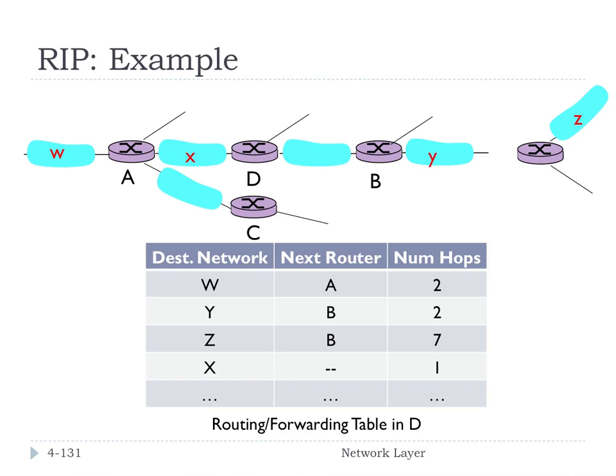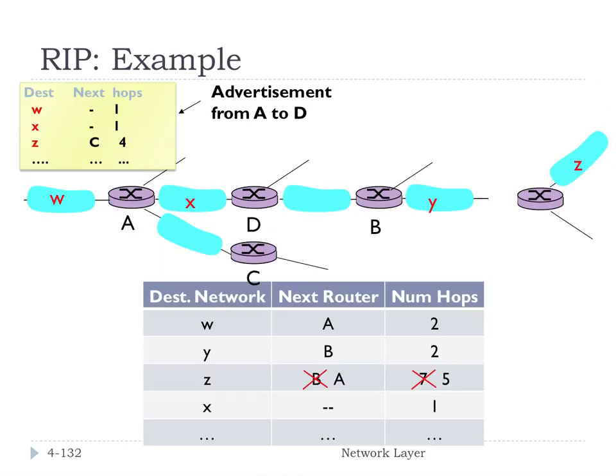The book goes through this example of how a router A might receive distance vector information and update its forwarding table based on that information. So when it receives an advertisement, you can see this is kind of like the distance vector here.